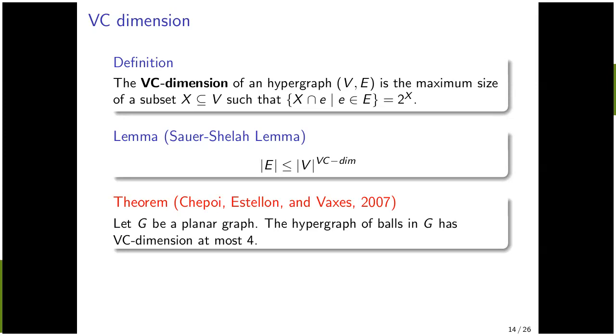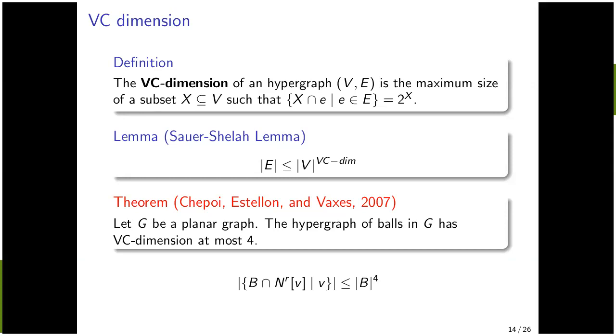Very nice observation. And now the consequence is that when I take a set B of vertices, the number of intersections between B and the balls of radius R is always at most B to the 4th, just because of the Sauer–Shelah lemma and this theorem on VC dimension.